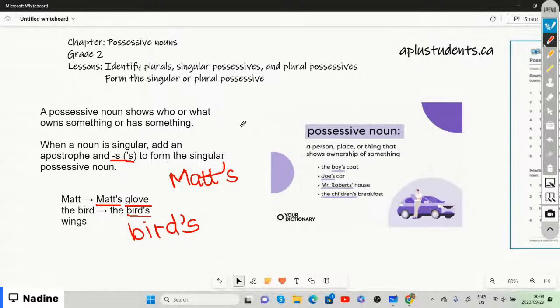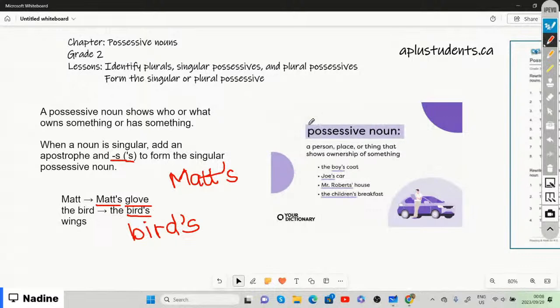And when a noun is singular, we said singular means one, right? Then we add an apostrophe and an S, like we said, to form the singular possessive noun. And then we made a few examples.